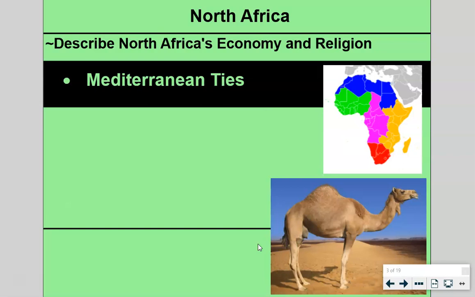All of them had ties in the Mediterranean to North Africa. North Africa is also home to some of the continent's most well-known ancient civilizations. We talked about Egypt. Nubia is another one that some of you may have heard of. We've talked about Carthage in previous units. Although there's a lot of desert, there's also a lot of good fertile soil and good trade routes that again connected them into the Mediterranean.